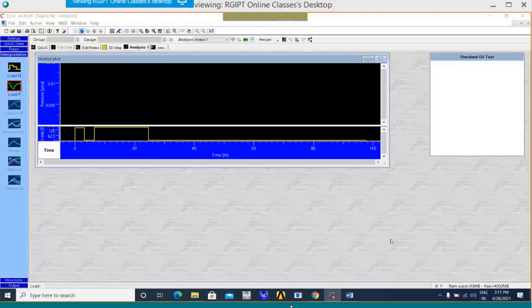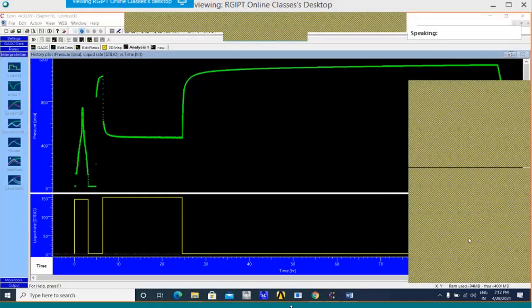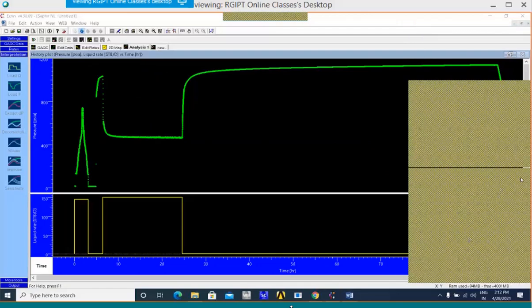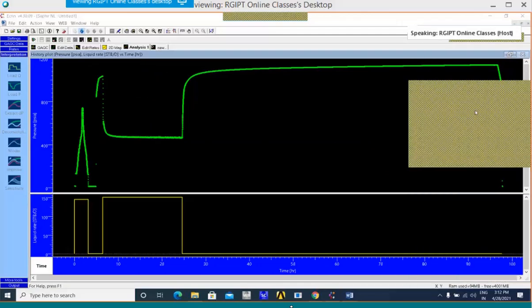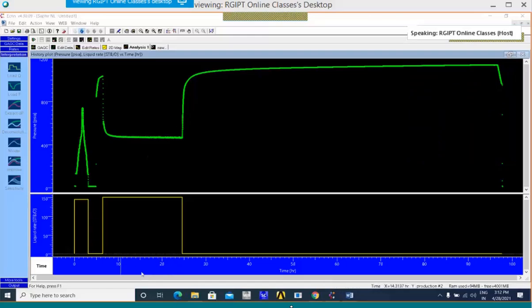Are these plots visible to everyone? Yeah, are these plots visible? Okay. Now, again, look at the data carefully.